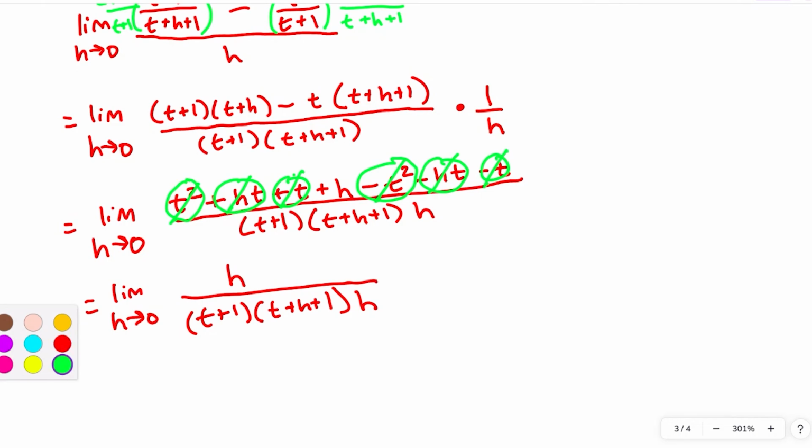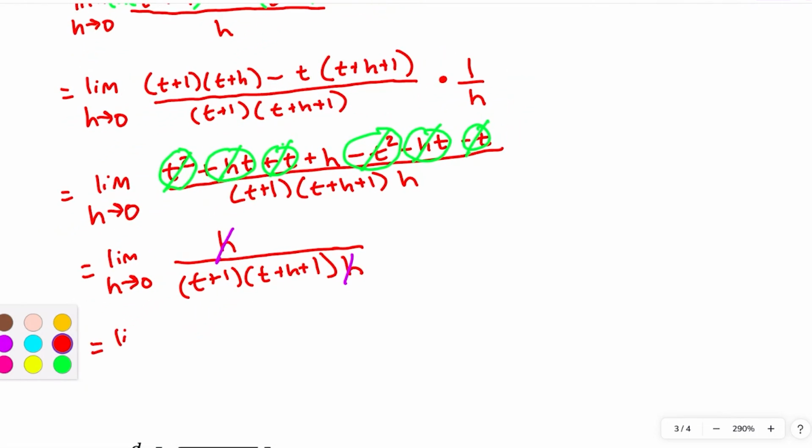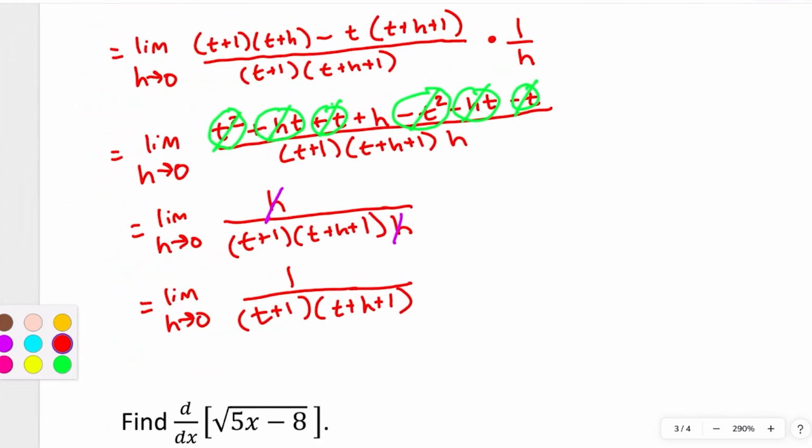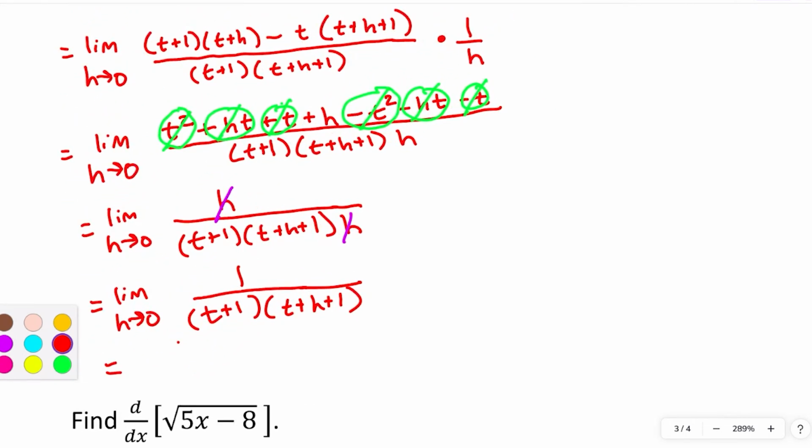The h divided by h is 1. So now we've got the limit as h approaches 0 of 1 over t plus 1 times t plus h plus 1. Now that we've removed the removable discontinuity, that h that was causing all the problems, we can just plug in 0 for h. So 1 over t plus 1 times t plus 1.